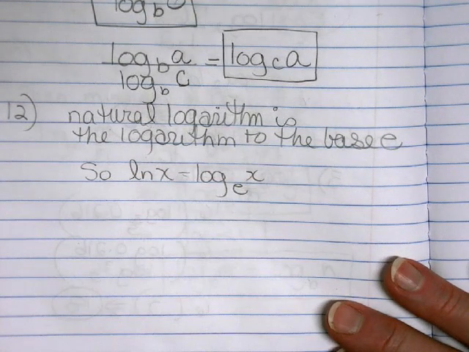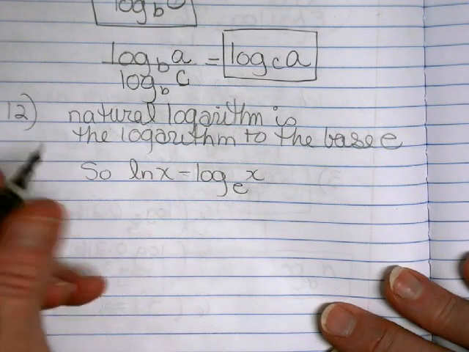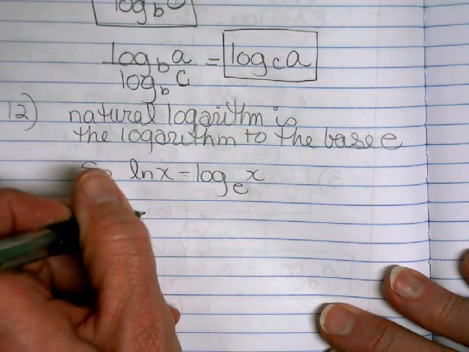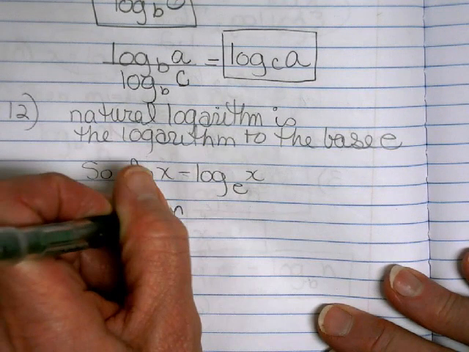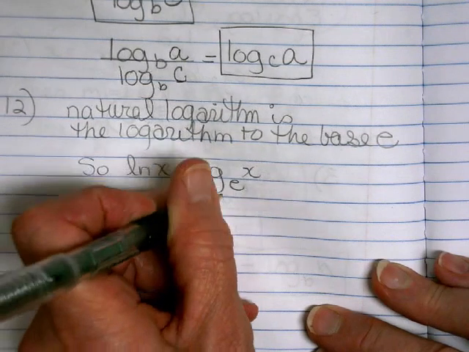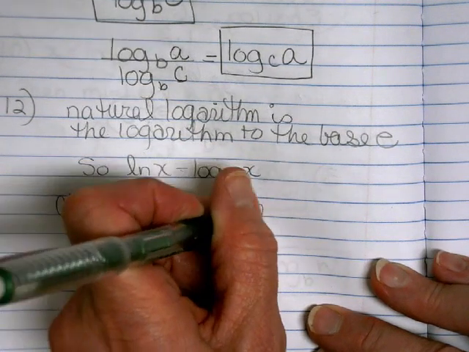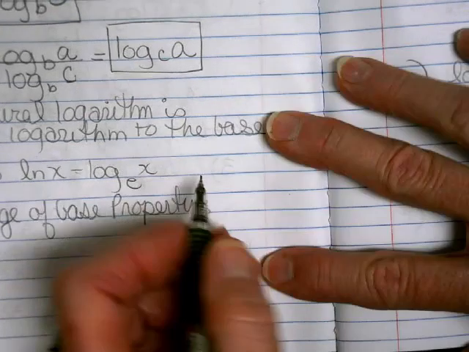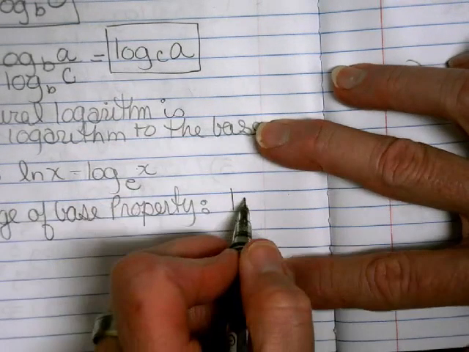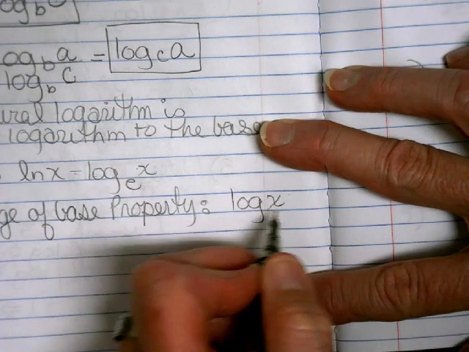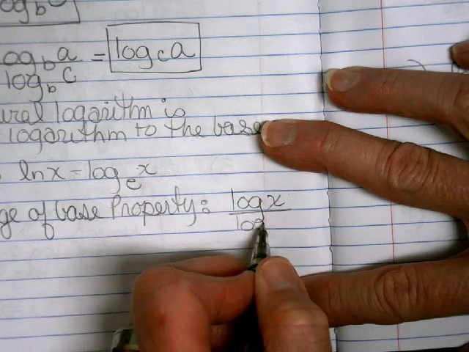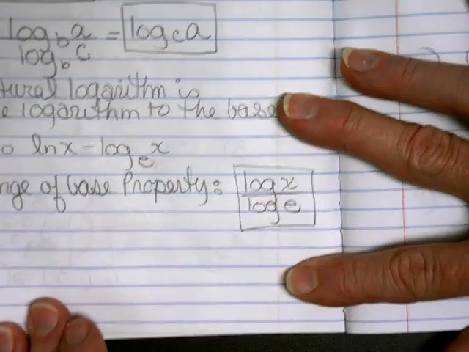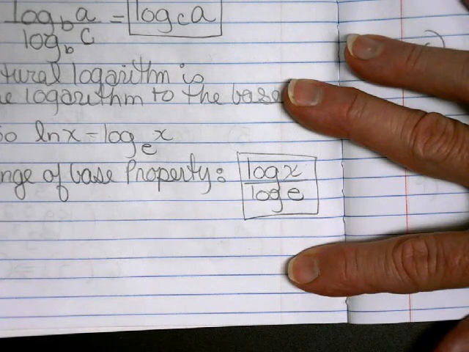Why are they doing that? Because they want to show you do not have to have a natural log button to push on your calculator. So it says use the change of base property. And that gives you, remember, log of x over log of e.